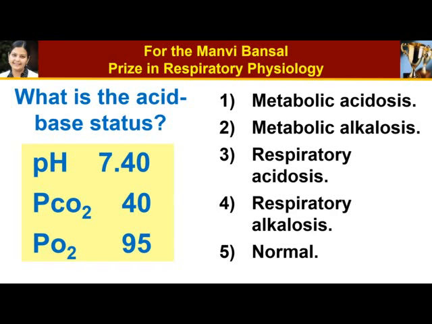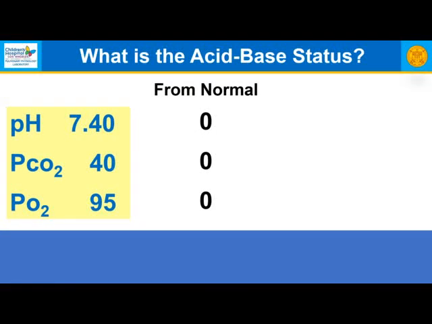So what is the acid-base status? We have a pH of 7.40, PCO2 of 40, PO2 of 95. Is this metabolic alkalosis, acidosis, respiratory acidosis, alkalosis, or normal? The first thing we want to do is look at how the pH and PCO2, primarily for acid-base, differ from normal. 7.40 is a normal pH for arterial gases.